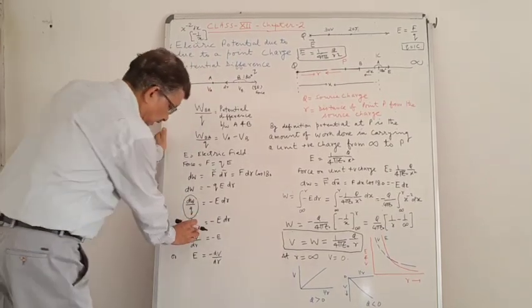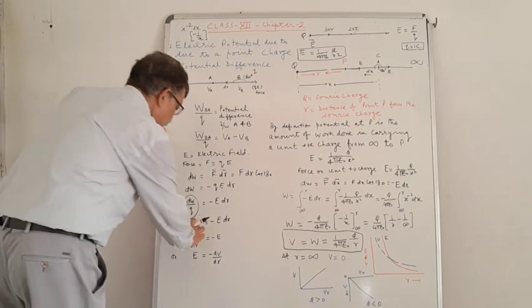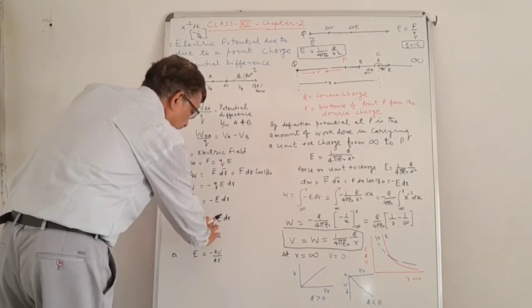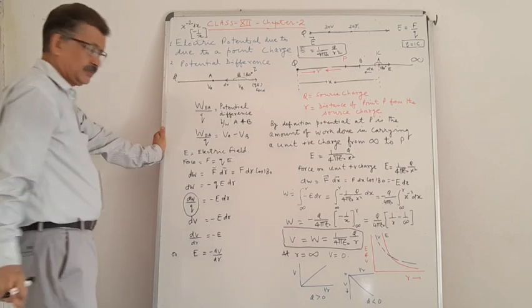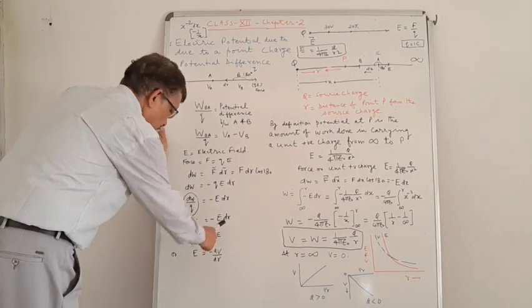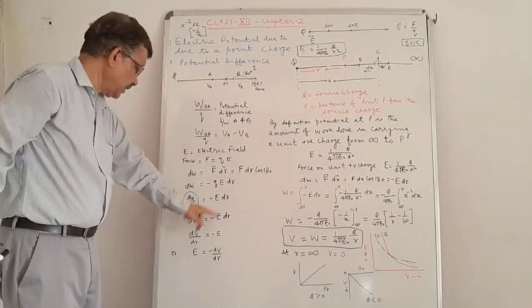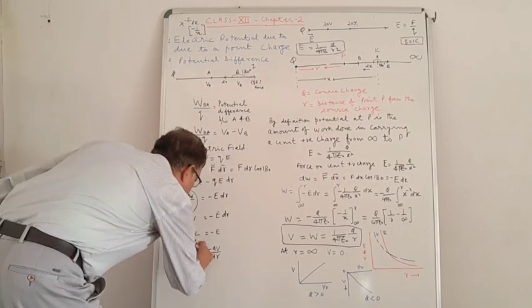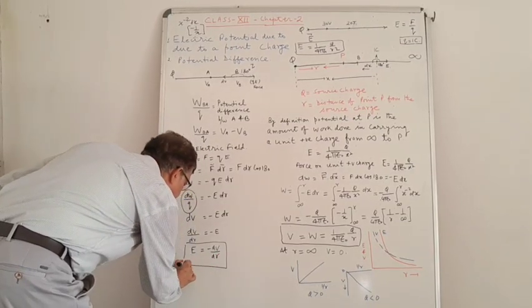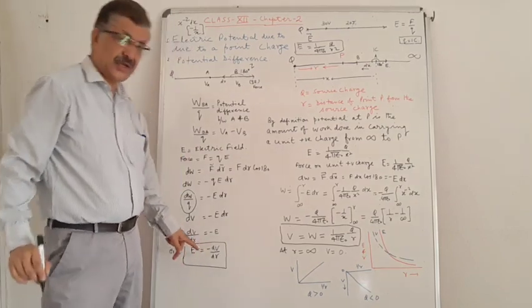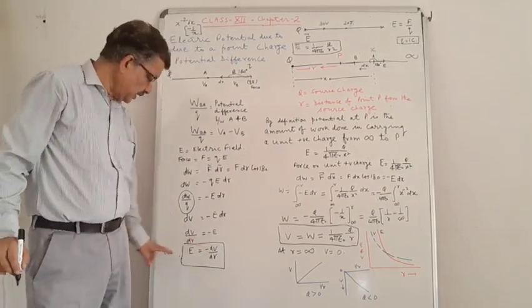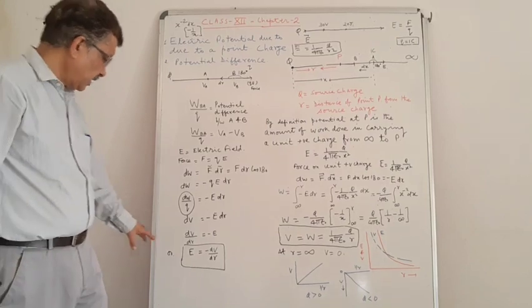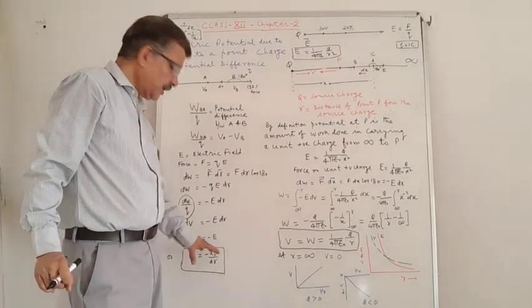So that is taken as dV, suppose here. So dV is equal to minus E into dr. And finally we can write dV by dr is equal to minus E, or E is equal to minus dV by dr. So it is an important relation between E and V.